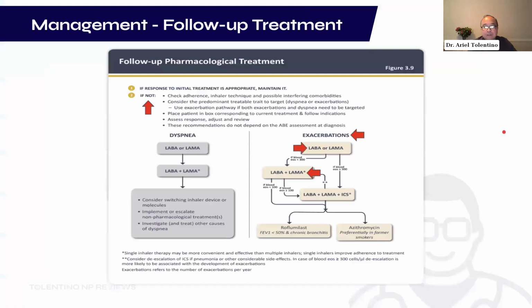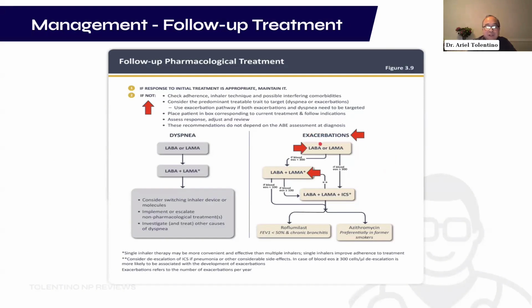Now, clearly, we have to define if the patient is not responding well due to dyspnea, or is it due to exacerbation. Now, in the clinical vignette, we see worsening of cough and shortness of breath and your sputum production within a period of less than 14 days. So if it is less than 14 days with that severity picture, that would be exacerbation.